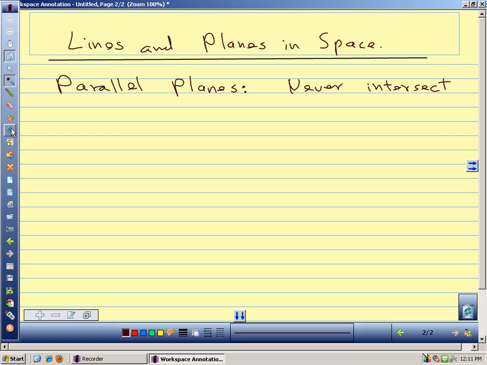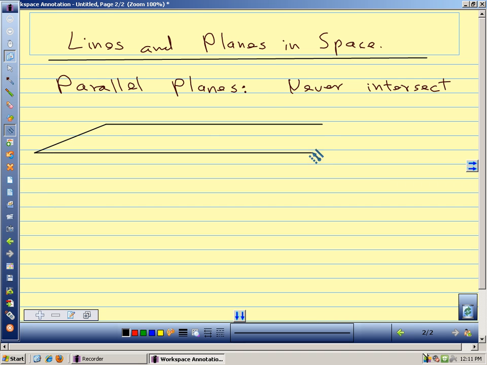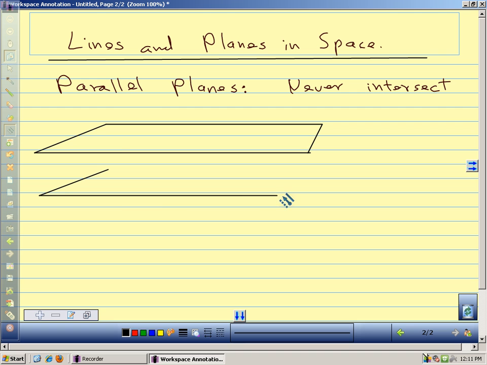And if we want to draw a picture of parallel planes, here's one plane. And here's my other plane. Kind of like what Ryan was saying.